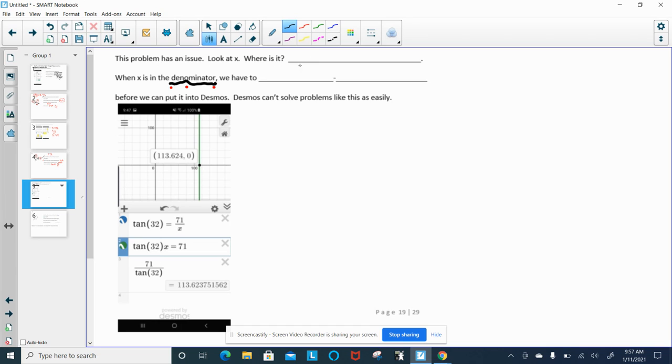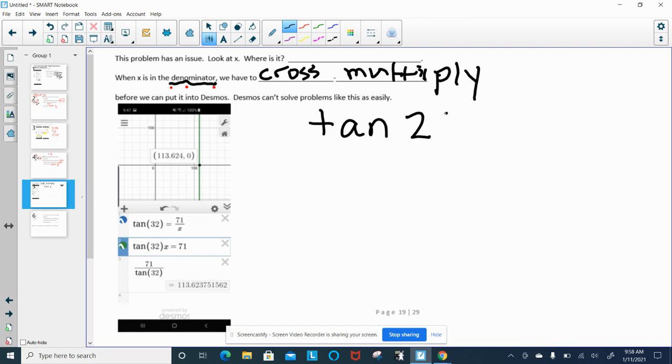And I'll show you this more in class. So when X is in the denominator, before we put it into Desmos, we have to cross multiply. So let me show you how to do that. Sorry, using my previous theta.